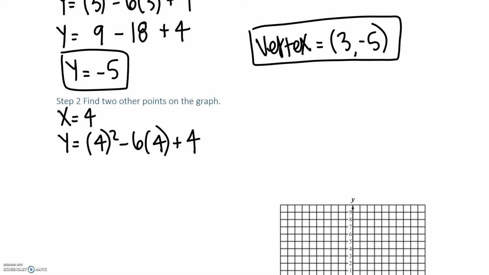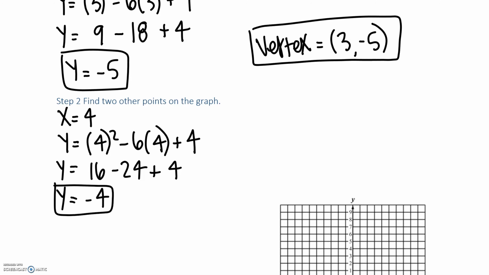So when we do that, that's going to give us y equals 16 minus 24 plus 4. 16 minus 24 is -8, plus 4 is just going to be -4, okay? So we have a point at (4, -4).